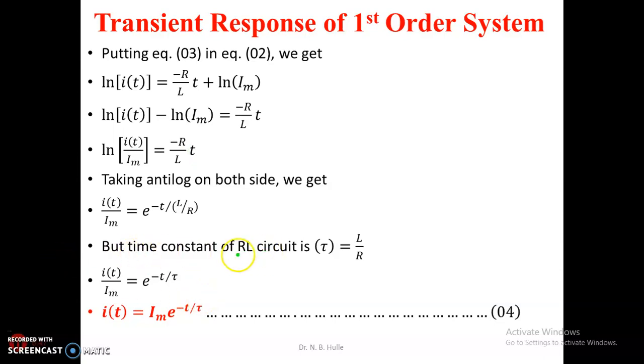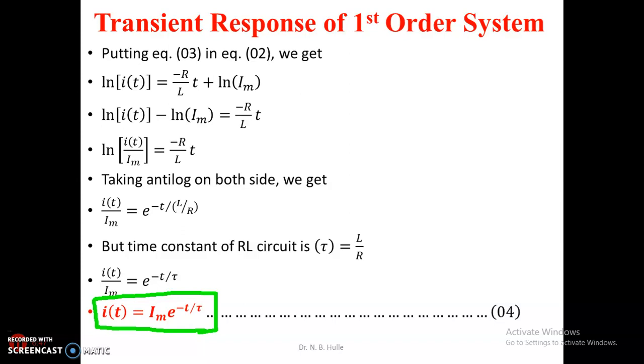The time constant of the RL circuit is L divided by R, so it is expressed as L upon R. The same equation can be expressed as I(t) upon Im equal to e raised to power of minus t by tau. So the expression for I(t) is Im into e raised to power of minus t by tau. This is the expression for current for the source free RL series circuit.